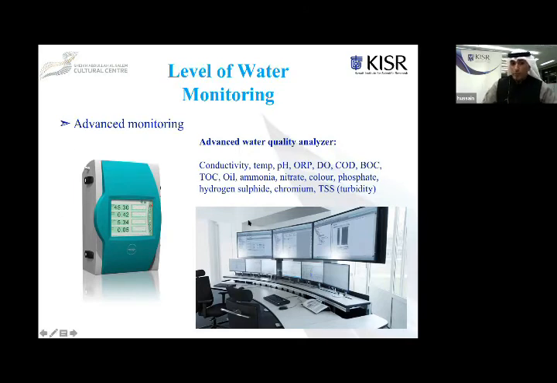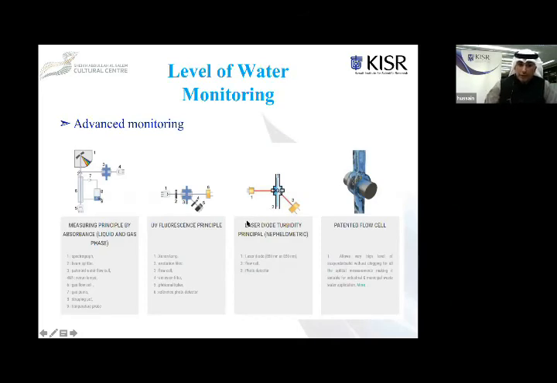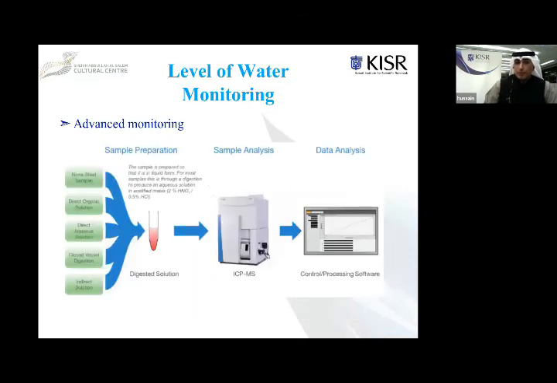This method of monitoring will also give us an up-to-date source of the pollutant and what coverage area it comes from. Of course, the advanced monitoring will utilize advanced technologies such as the measuring principle by absorbance. We have UV fluorescence, we have laser diode turbidity, and we have patent flow cycles that can give us a clue of the water going out through that valve.